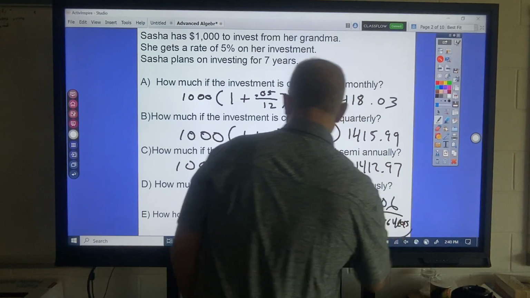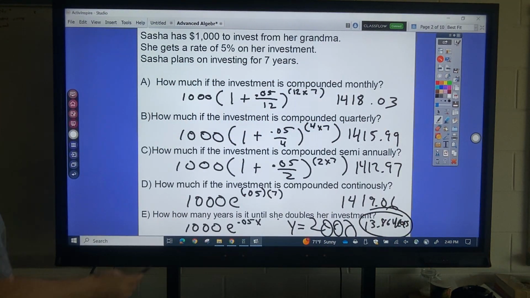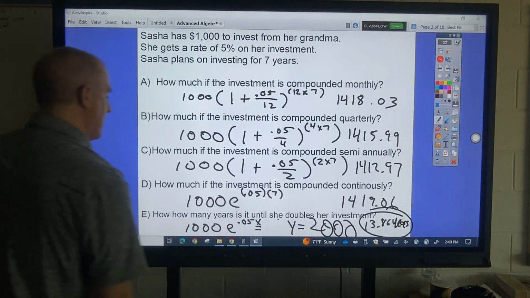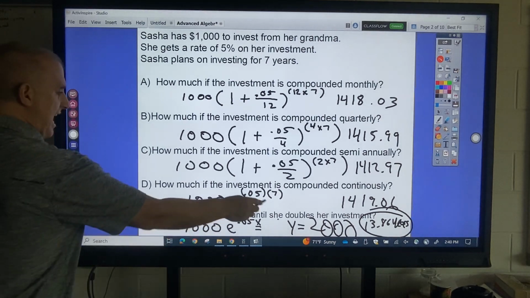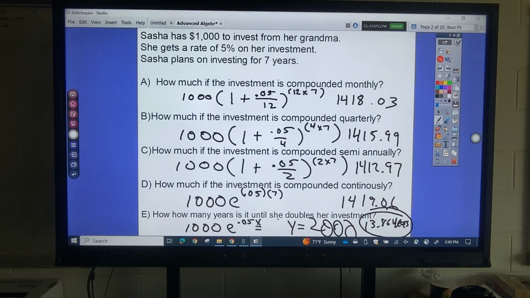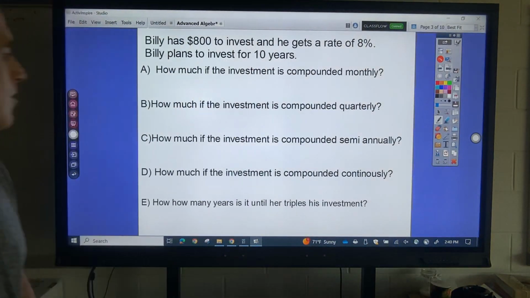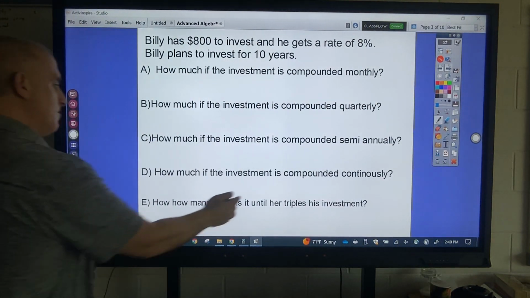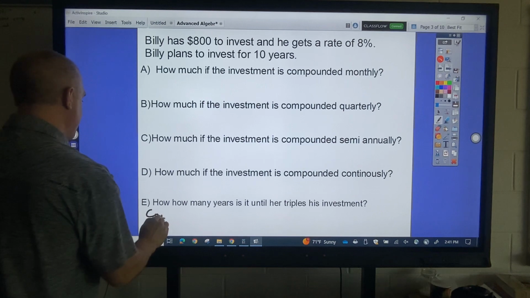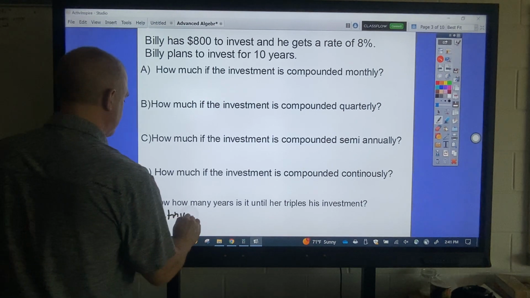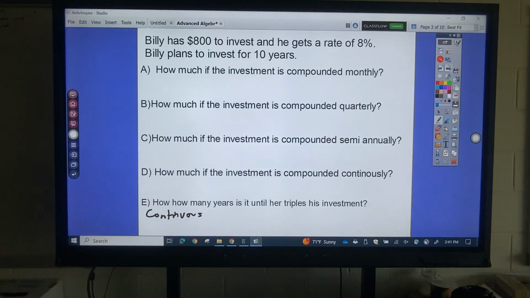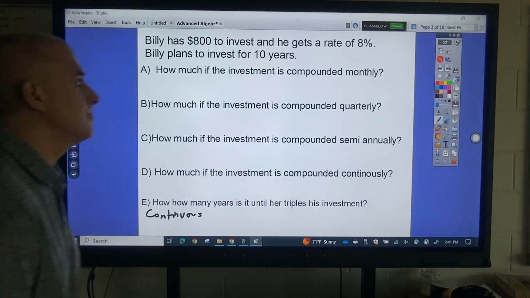So if I'm trying to figure out how many years, that's the x, so I'm going to do the xcal, where the doubling is. What we can assume here is continuous compounding. You can go ahead and work on this one on your own.